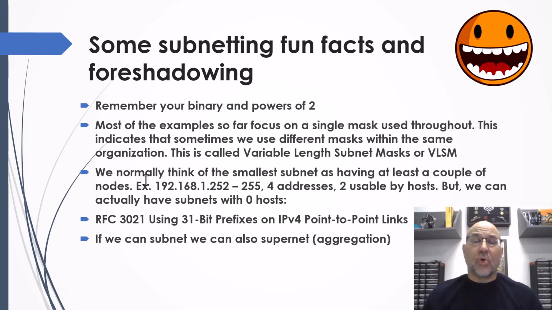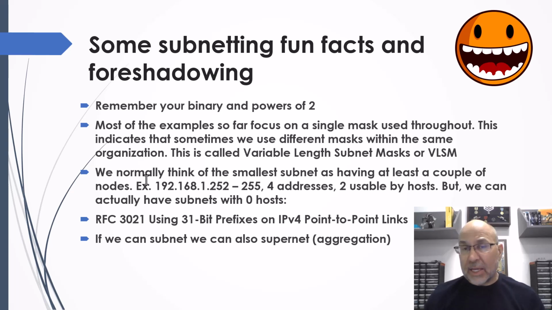Another fun fact, normally we think of the smallest subnet that's possible as having at least a couple of addresses for nodes. So for example, a very small subnet would be 192.168.1.252, and the range would go to 255.